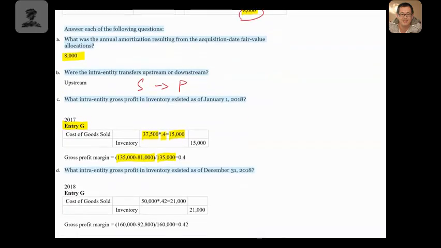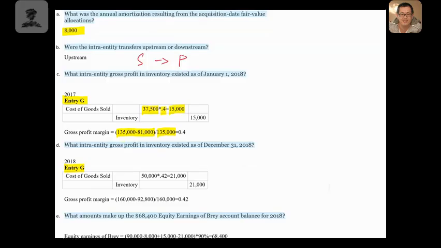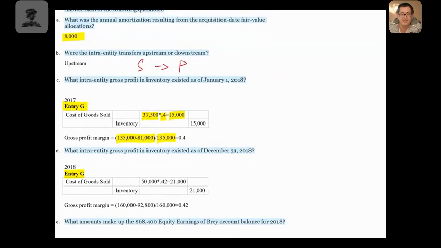Question D. What intra-entity gross profit in inventory exists as of the end of 2018? So this question is asking for the entry G for 2018. Still the same journal, same accounts, debit cost of goods sold, credit inventory, but here to get the amount we need to use 2018's unsold inventory times 2018's gross profit margin, 42%.